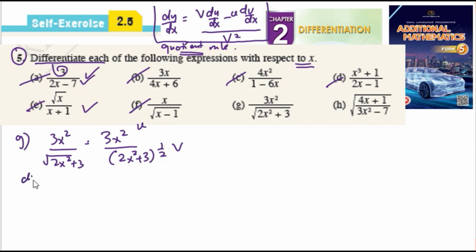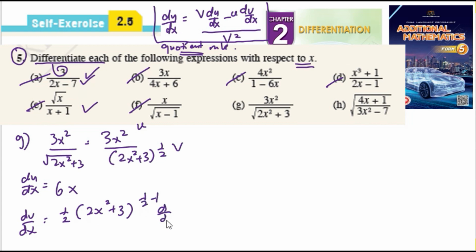Right, so du over dx is equal to, we bring the power forward, so 2 times 3 you get 6x, and 2 minus 1 is 1, so 6x. So dv over dx is equal to, here you see that when you differentiate a bracket with a power, you bring the power forward, half, and then you have 2x squared plus 3, and then you minus the power by 1, so half minus 1.